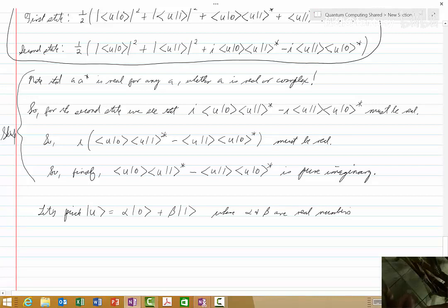I'm making that restriction to make alpha and beta real because that will make the following arithmetic much simpler.